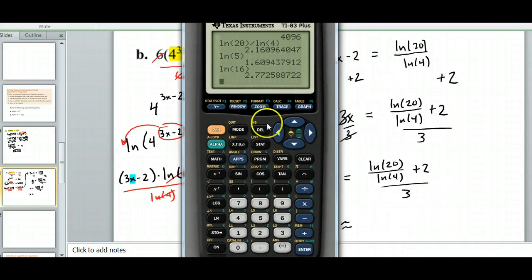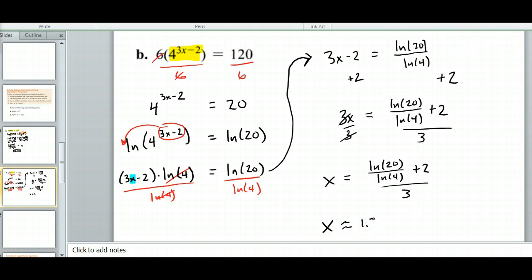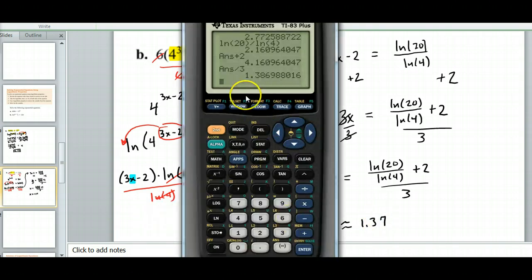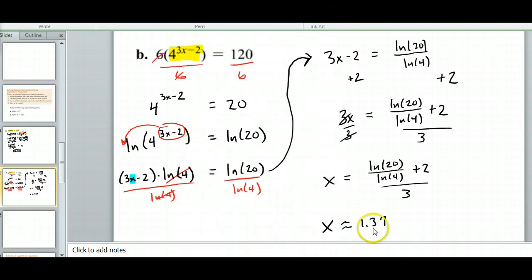Alright, do this in steps. Don't try to put it all into one step. So natural log of 20 divided by the natural log of 4. Enter, add 2, enter, then divide everything by 3. Alright, so we get about 1.387.